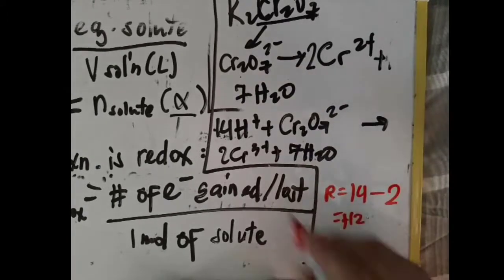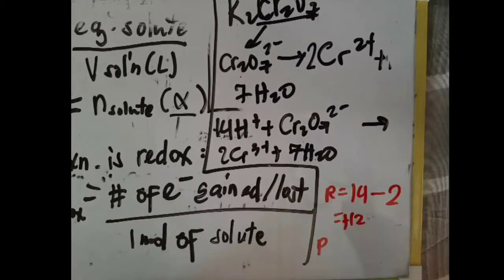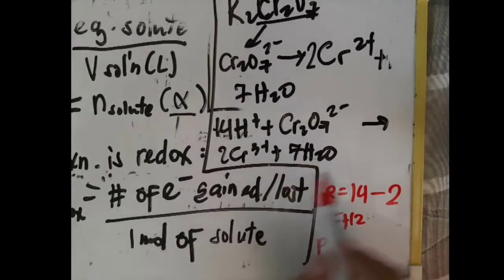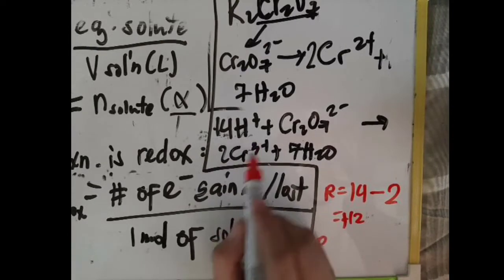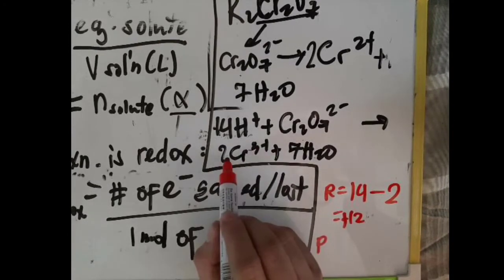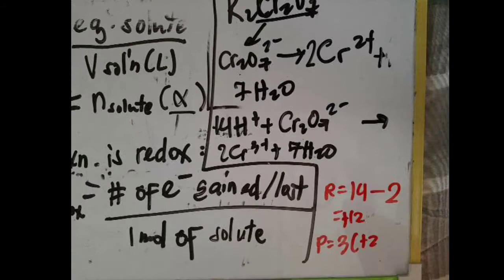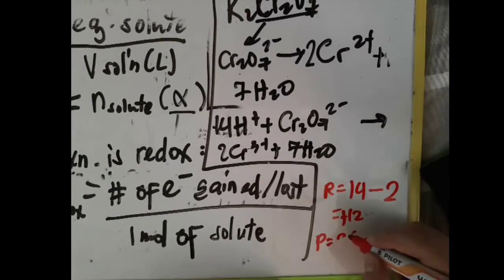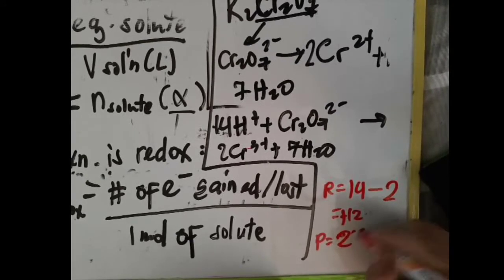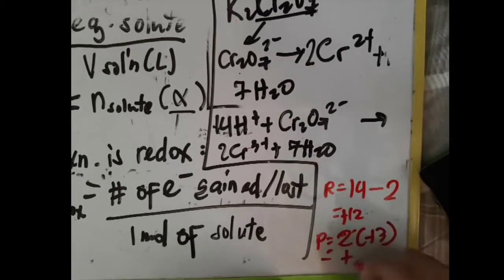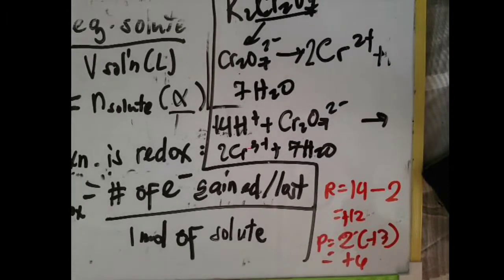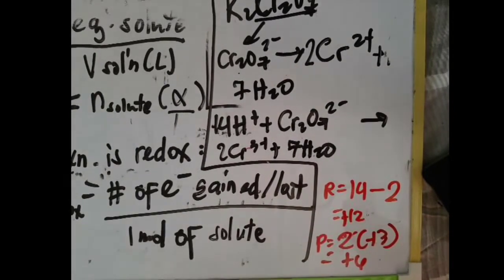Now for the product side, since only chromium gives the charge, and water is neutral, it is 3 plus, so positive 3 multiplied by 2, or rather, positive 6, okay?